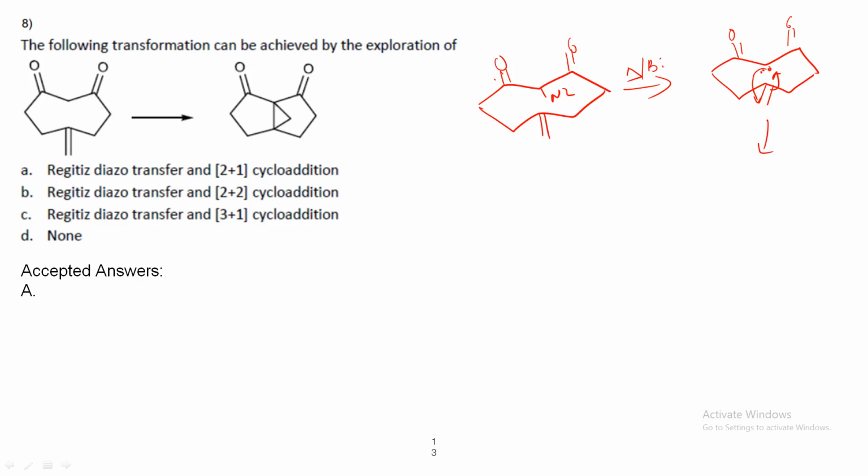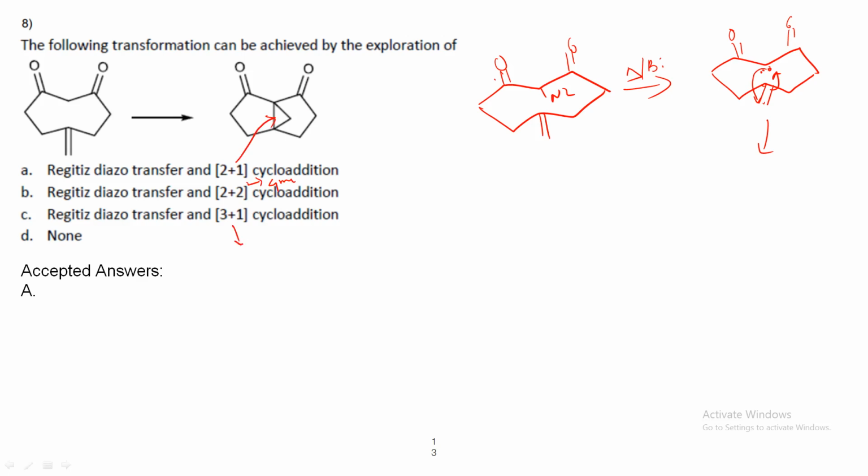It is just because two carbon atoms and one carbon atom, so 2 plus 1. That's how the 3-member ring is forming. So that's why the answer is A actually, 2 plus 1. The 3-member ring we are forming. If it were 2 plus 2, we would form a 4-member ring. It is not the case over here.